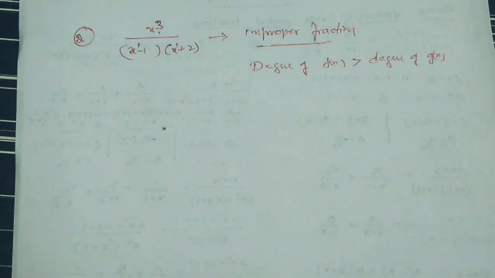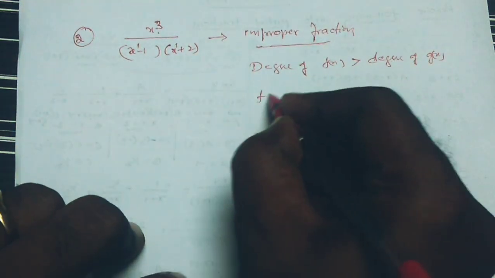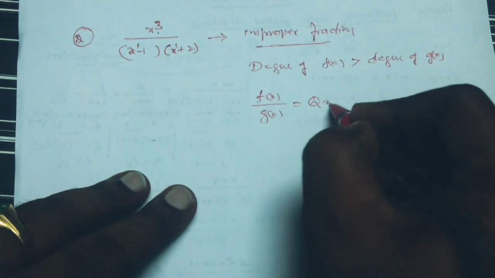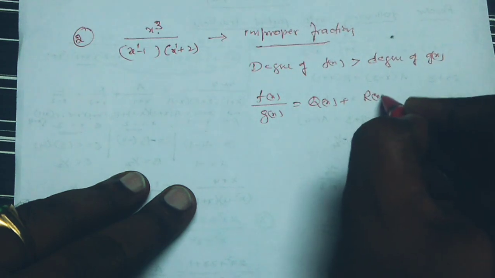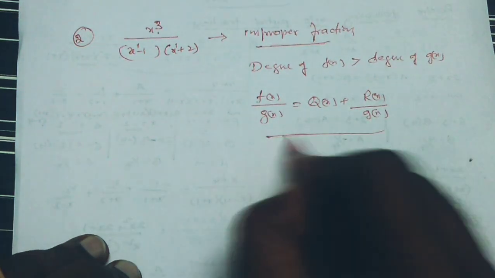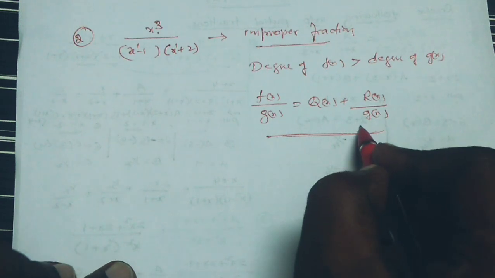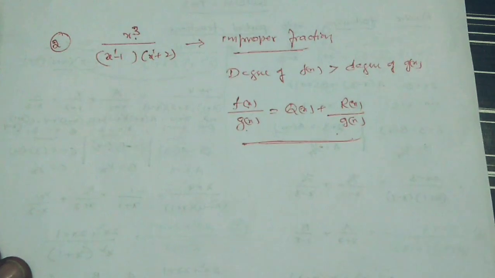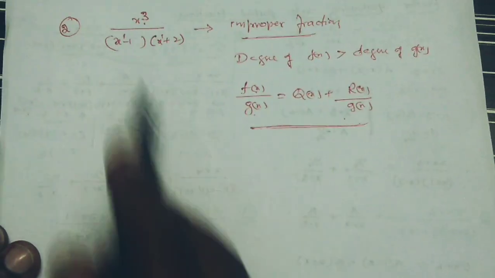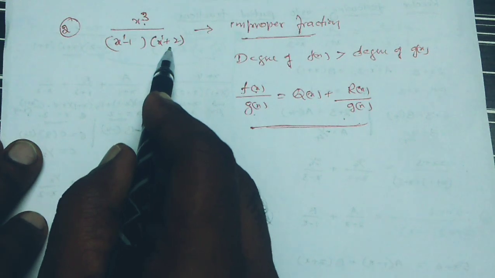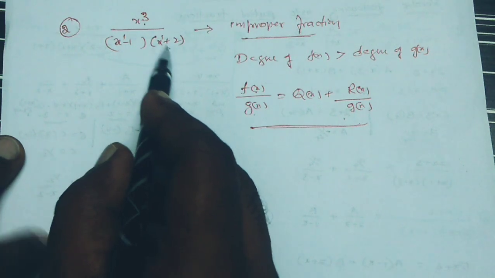So what is the method? If it is f of x by g of x, according to the division algorithm, we have to find quotient plus remainder by divisor. So there is the method. In order to do this, we have to divide f of x with g of x. Look here. f of x is x cube, g of x is x minus 1 into x plus 2.